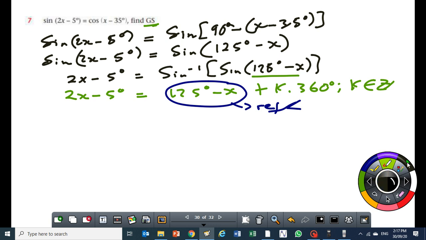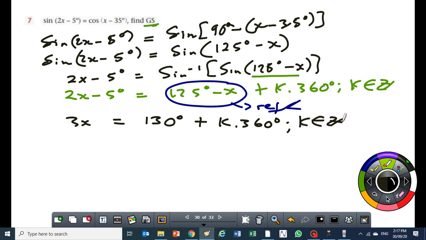Then you want to solve for x, so take that minus x to the left, we'll get 3x. Take this minus 5 to the right, we'll get 130 degrees plus k times 360, where k is an integer. So from here, you divide every term by 3.